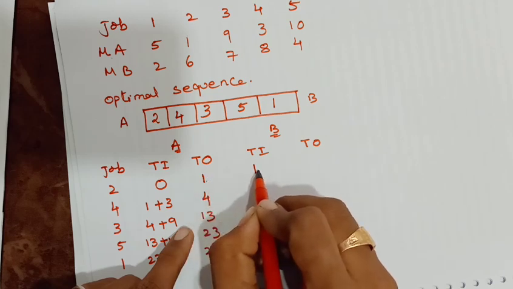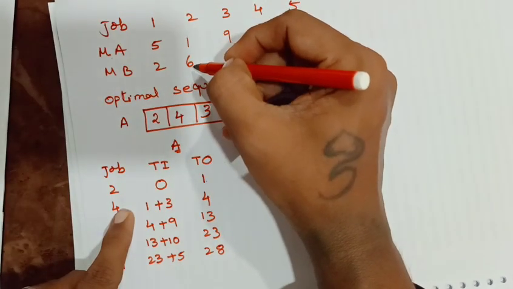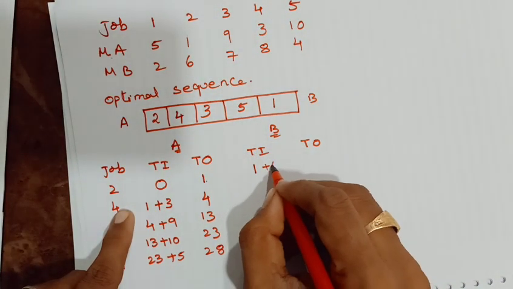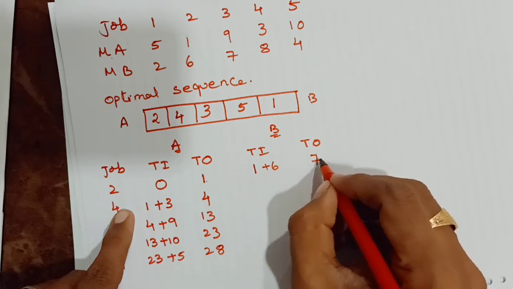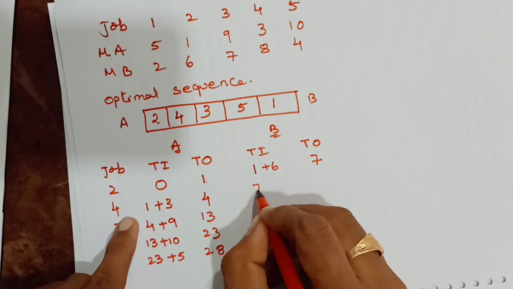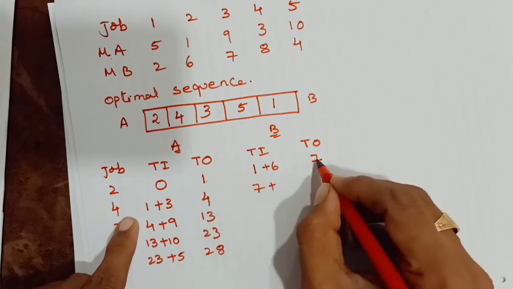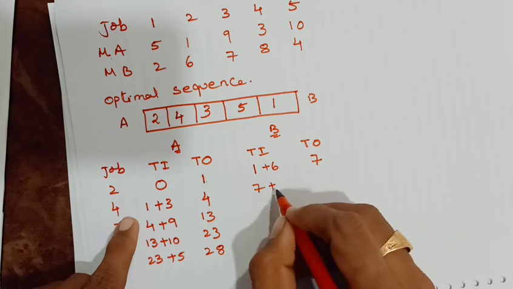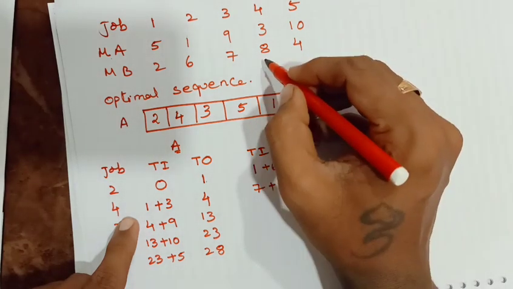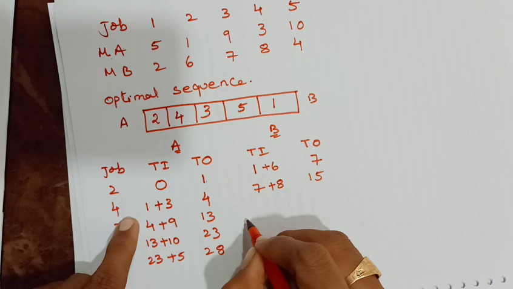Machine B second job processing time is 6, so 1 plus 6 will be 7. Immediately, 7 plus the fourth job machine B is 8, so 7 plus 8 will be 15.